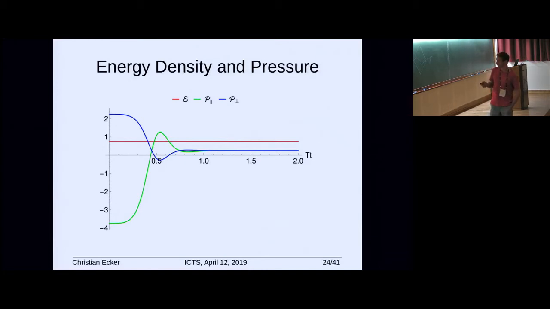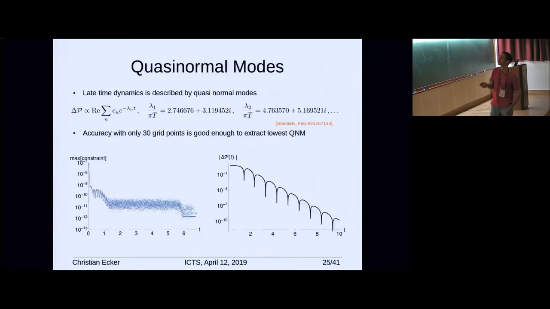So in this part, we are in the far from equilibrium regime, and at order 1 of the temperature, we are then already close to equilibrium, and the solution is then described by the quasi-normal ringdown.